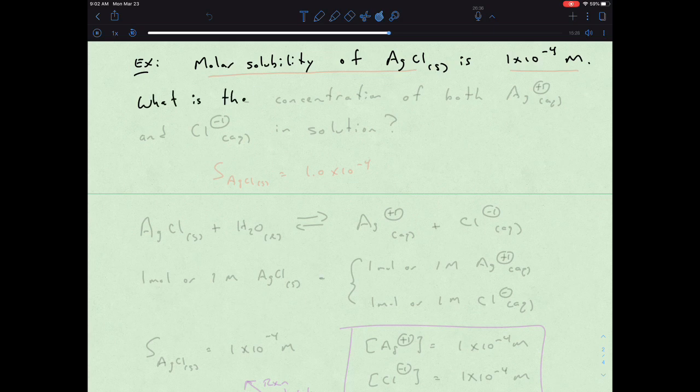What is the concentration of both silver plus 1 in solution and chloride minus 1?